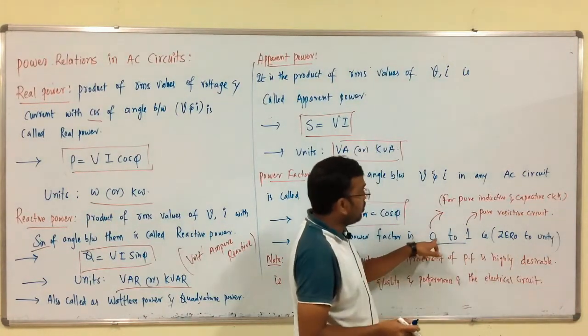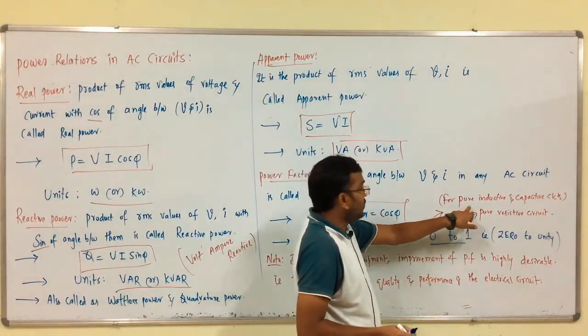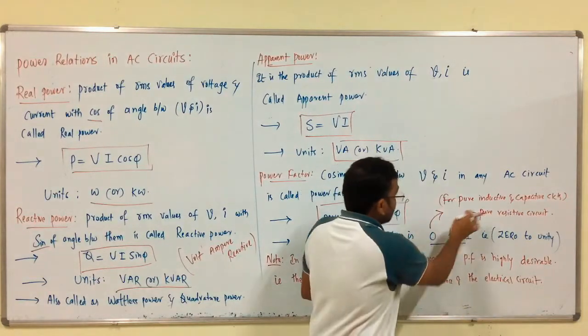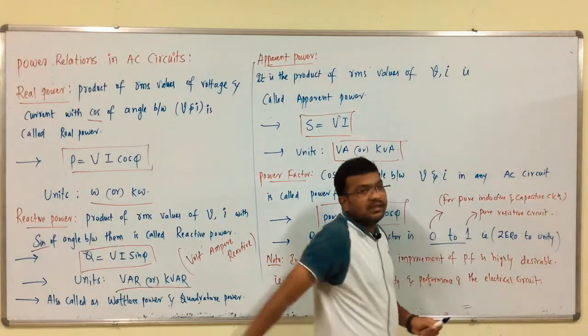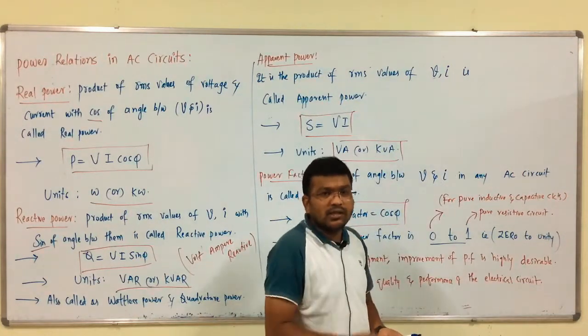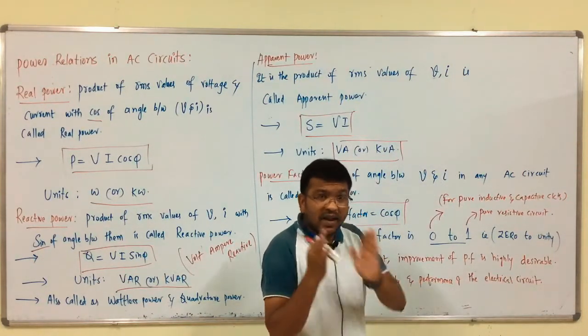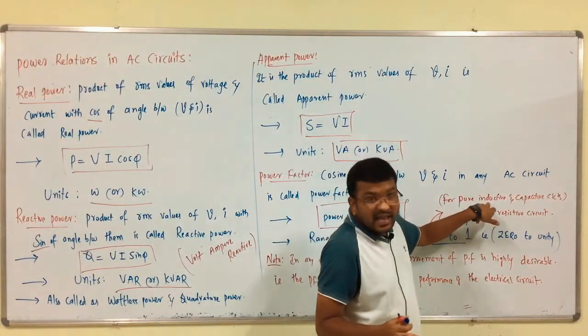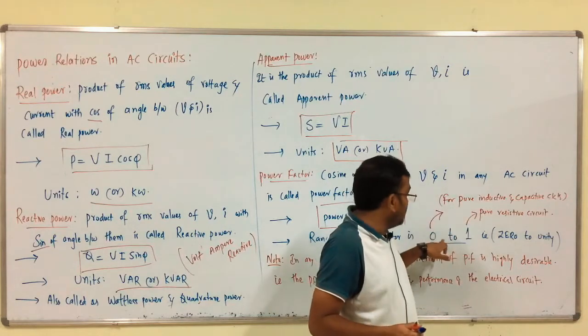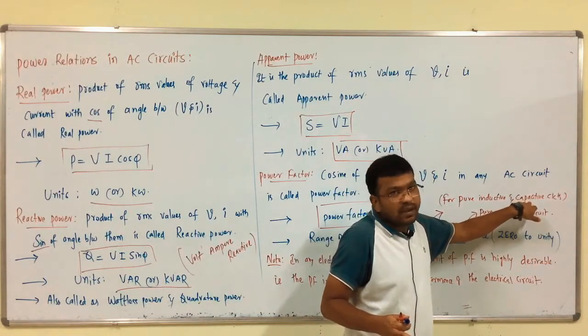That is, 0 power factor for pure inductive and pure capacitive circuits, that is 0 lagging and 0 leading power factor. For pure inductive circuits, the power factor is cos of 90 degrees, that is 0, meaning 0 lagging in case of inductive, 0 leading in case of capacitive.